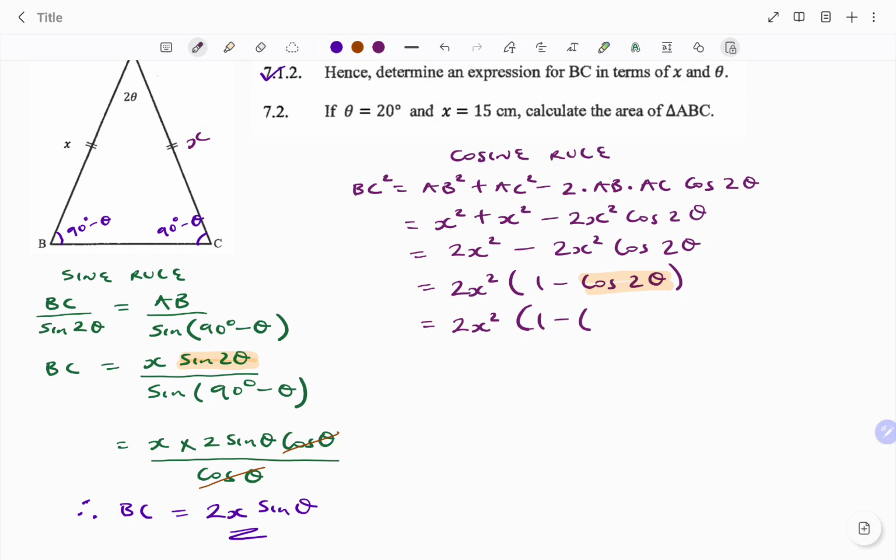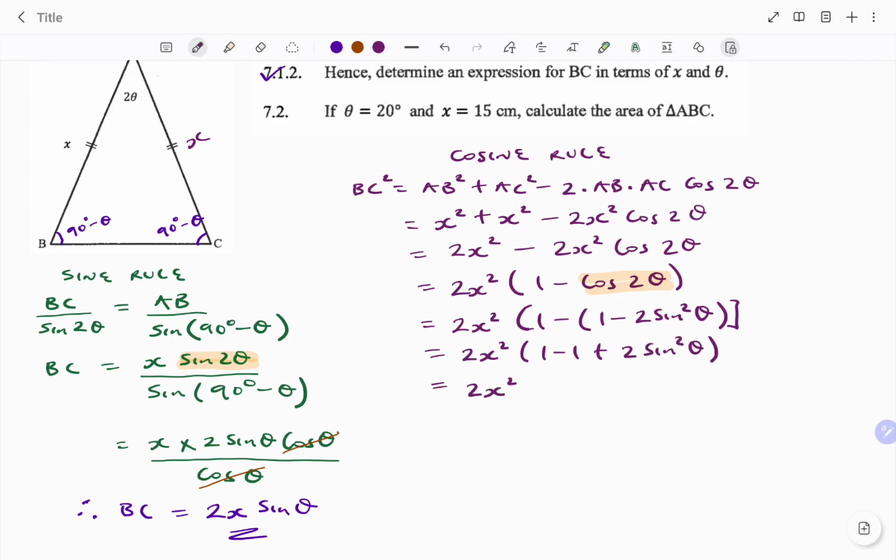I'm going to use the identity 1 minus 2 sine squared theta, close bracket. This is going to be 2x squared in bracket 1 minus 1 plus 2 sine squared theta.